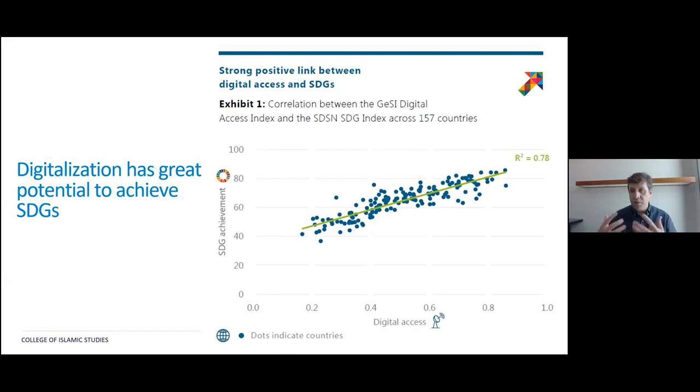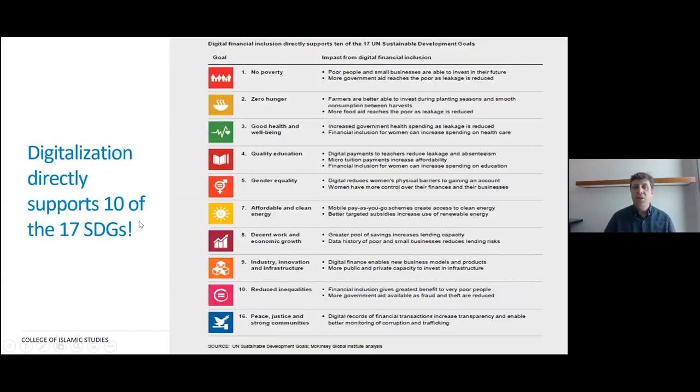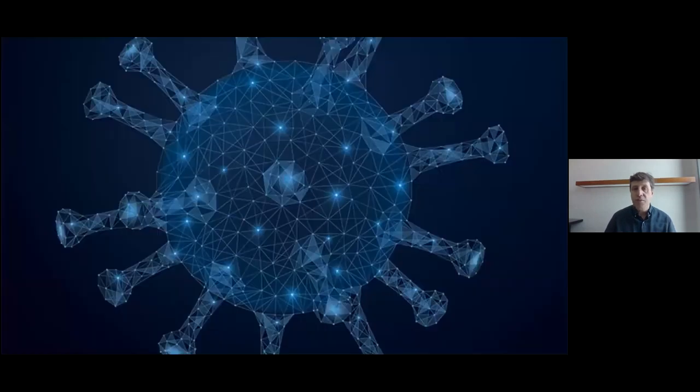We didn't learn this just with COVID-19, but COVID-19 has made us even more appreciative of digital transformation for its contribution to the SDGs. Digitalization directly supports 10 out of 17 SDGs. This is the part that I would like to emphasize.